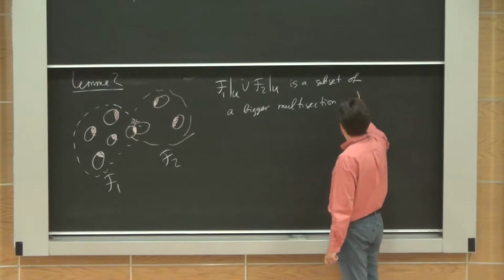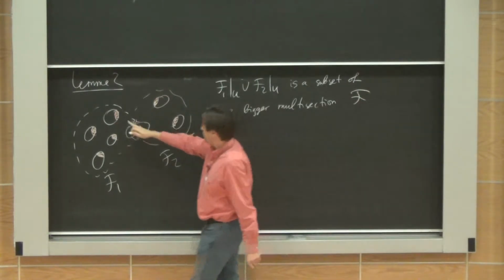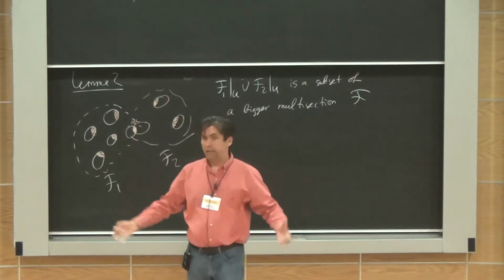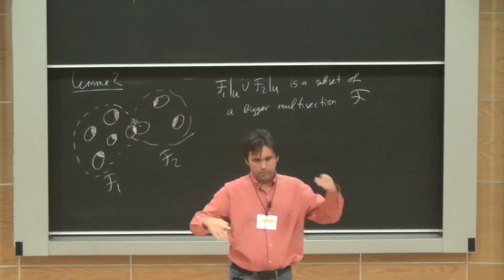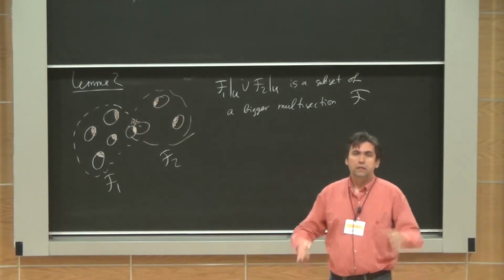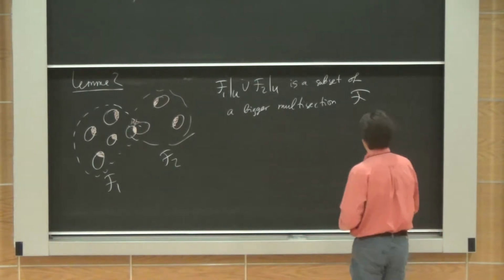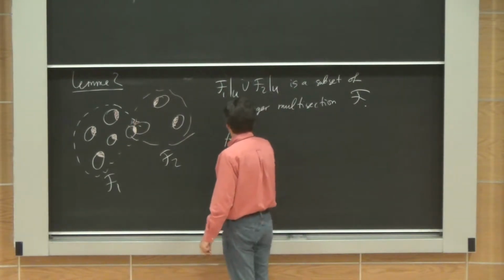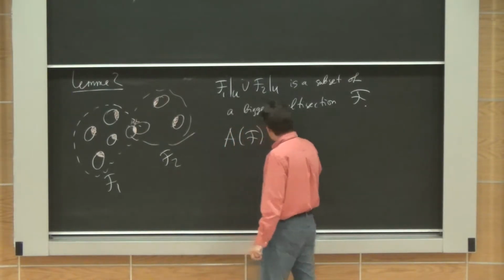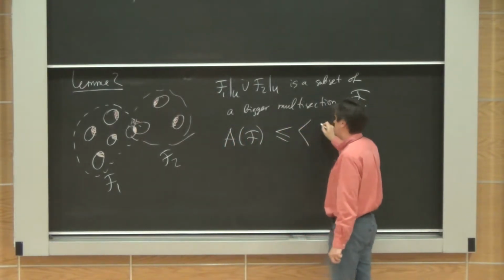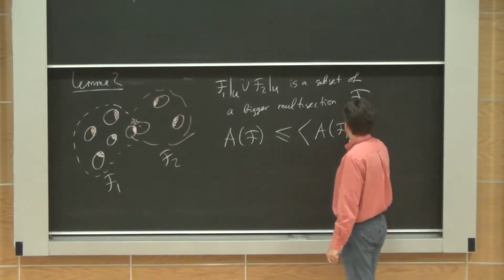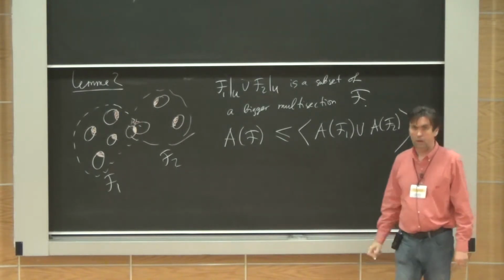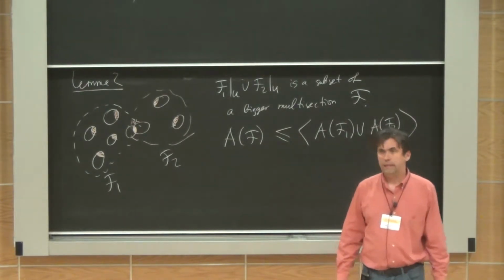Let's call it F. So you just take all images of U in one multisection, all images of U in the other multisection, take all these as components, and take all possible compositions. You get a bigger multisection. So let's call it F. So the statement of the lemma is that the alternating group of F on F is inside the group generated by the union of the alternating groups of F1 and F2. That's also an easy statement.